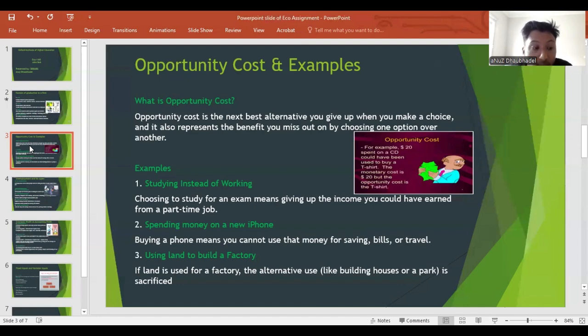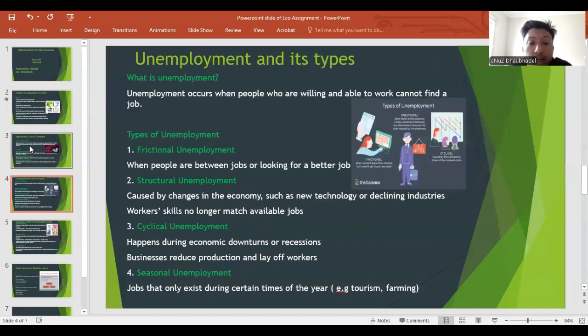So, the third question is unemployment and its types. What is unemployment? Unemployment occurs when people who are willing and able to work cannot find a job. It's a key indicator of the health of an economy.